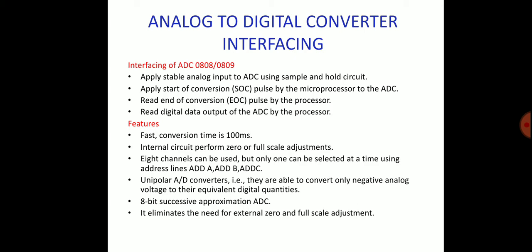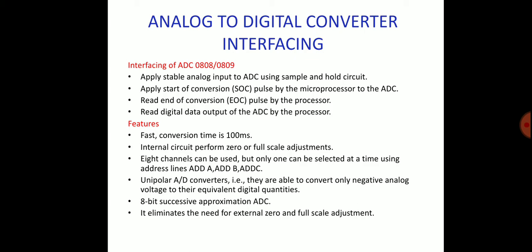The two popularly known conversion techniques are the successive approximation technique and the dual slope integration technique. The general algorithm of analog to digital converter interfacing contains the following steps. Number 1, apply a stable analog input to the analog to digital converter using a sample and hold circuit.